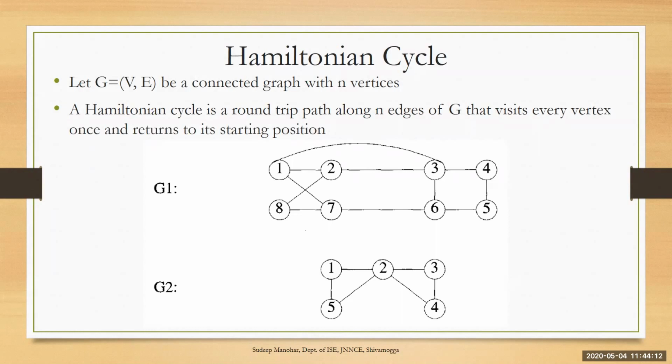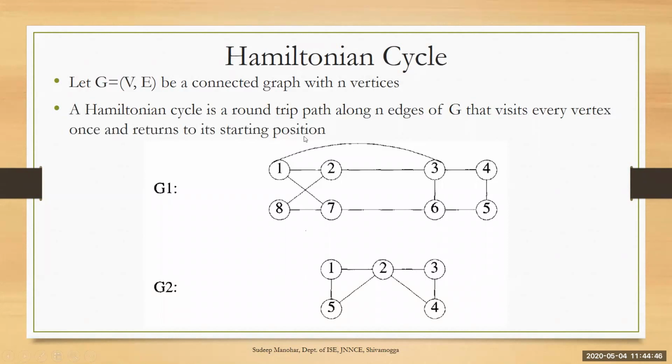Consider a graph G. It's a set of vertices and edges. Let it be a connected graph with n vertices. A Hamiltonian cycle is a round trip path along n edges of G that visits every vertex once and returns to its starting point or starting position.